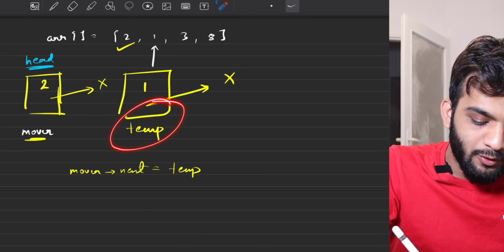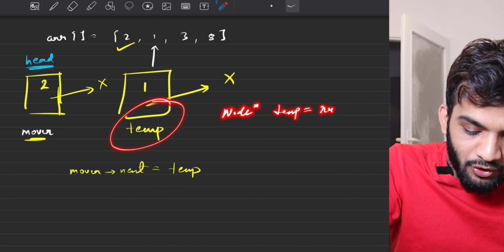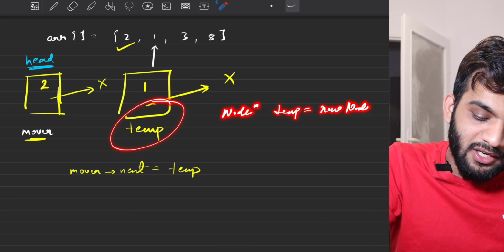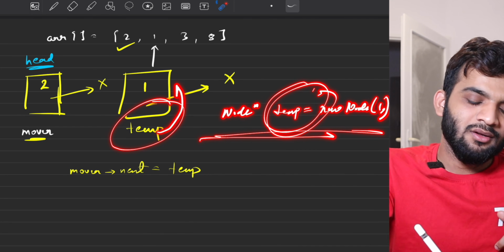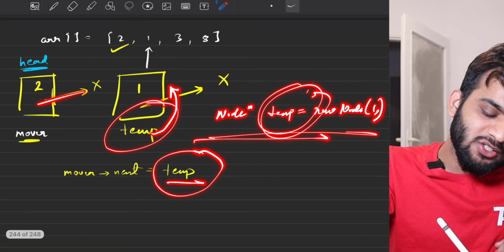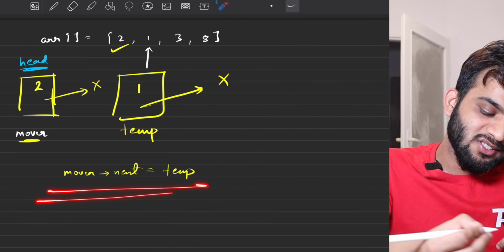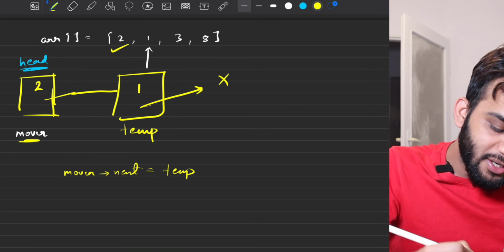Because if you remember, how will we create temporary? Node star temporary equals new node and the variable 1. That's how we'll create. The temporary is already a pointer to this. So this temporary can be assigned to this. If I write this, what will happen? Instead of pointing here, this will start pointing here.